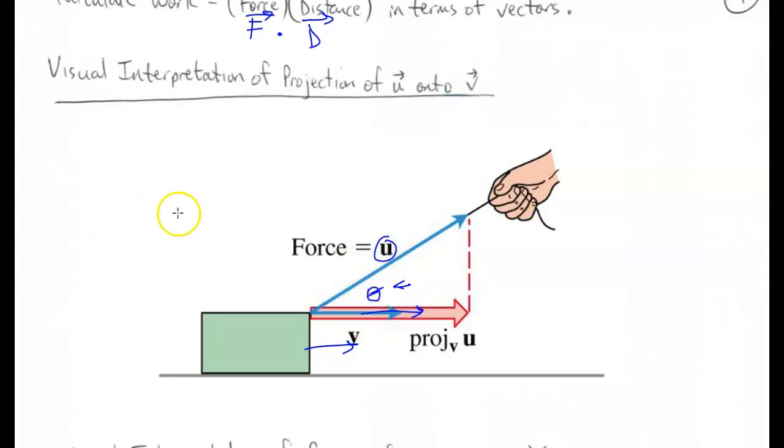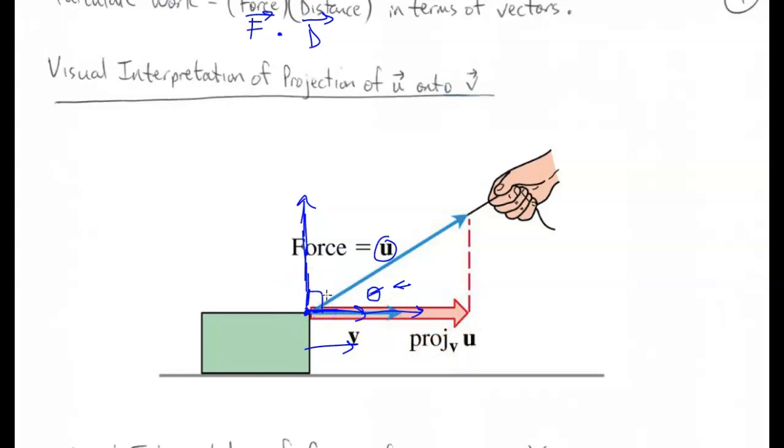Now, to make my point here, let's assume that this person is pulling the box straight up. In other words, it's making a 90-degree angle with this vector v here.